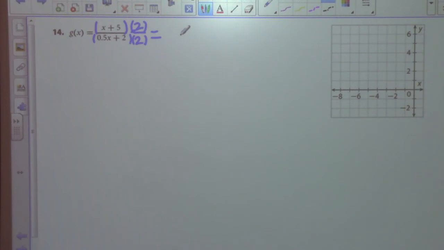So here we have 2 times x, so we get 2x plus 10 over x plus 4. And so now you can do the dividing you need to. And I will choose somebody in another couple minutes.